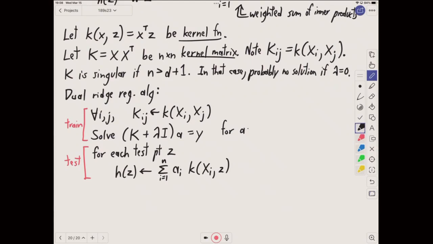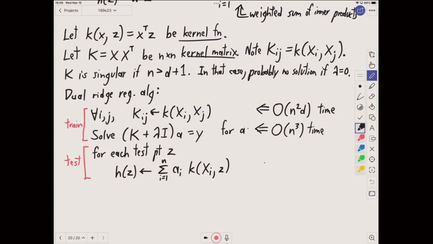I want to make some comments about the running times of these different steps of the algorithm. So computing the kernel matrix, that's big O of n squared d time, because there are n squared entries you have to compute, nothing you can do about that. Each one is an inner product taking d time. The solution of a linear system, practically speaking, that generally takes n cubed time.